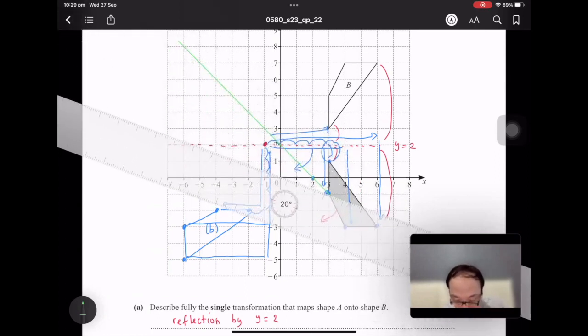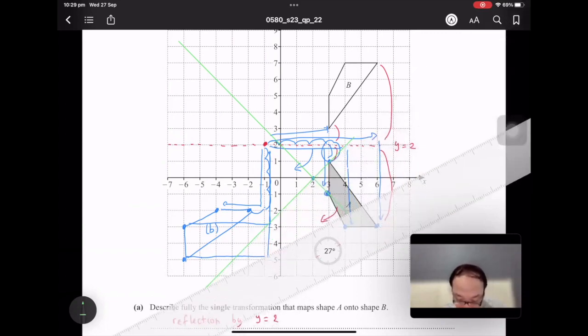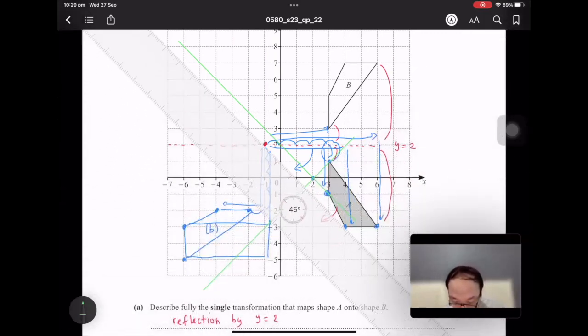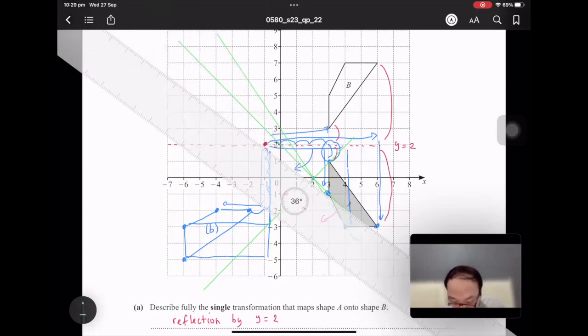We connect all the vertices to the center of enlargement, like this.